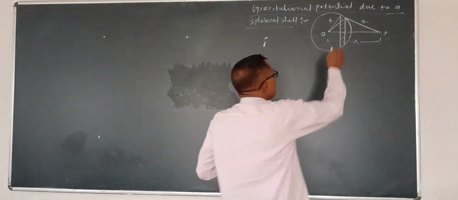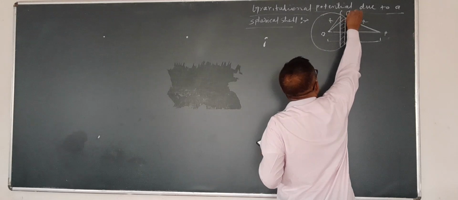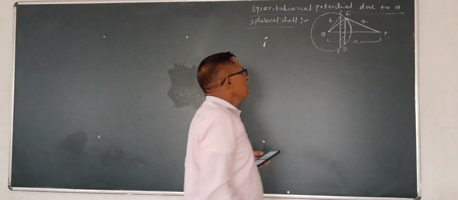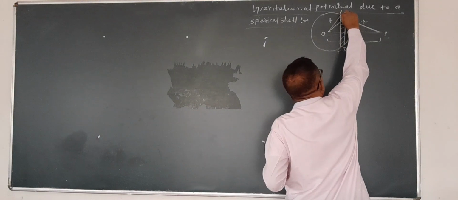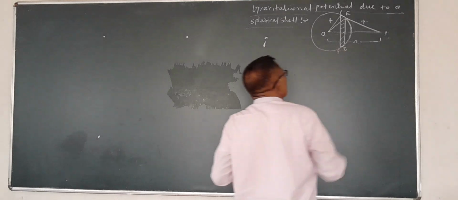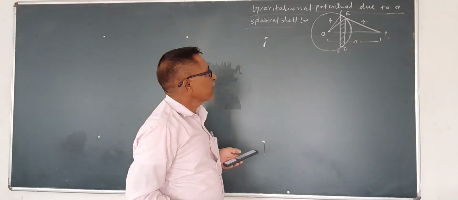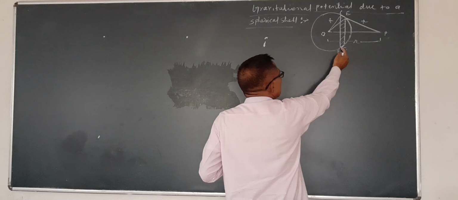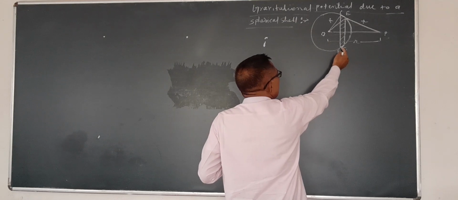Here, this is C, this is E, and this is F. This is a slice of this spherical shell. This is also a small spherical shell. In this way, we can cut a number of small shells in this shell.